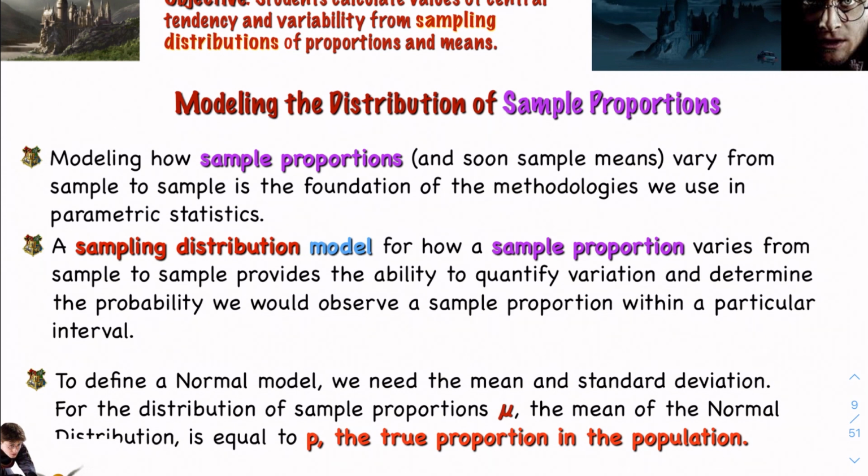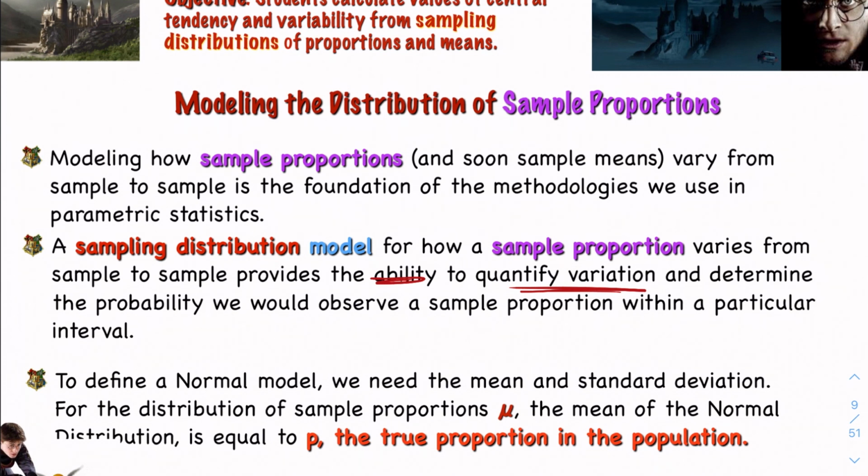That probability that, yes, people watch the Super Bowl or the chances that people will support candidate X. So the sampling distribution model for how a sample proportion varies from sample to sample provides the ability to quantify variation, how far we are away from the true population proportion, and determine the probability we would observe a sample proportion within a particular interval. So how unusual is our sample that we collected from the true population proportion or mean?